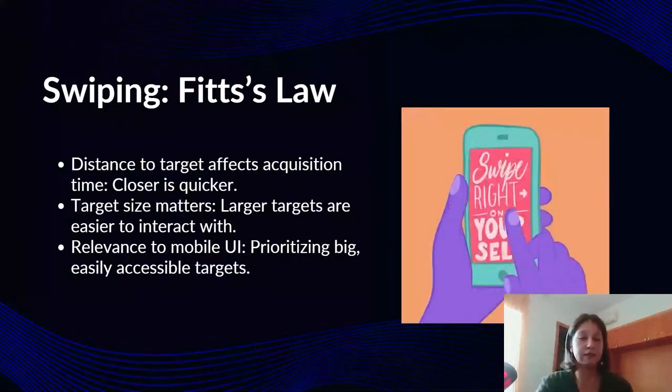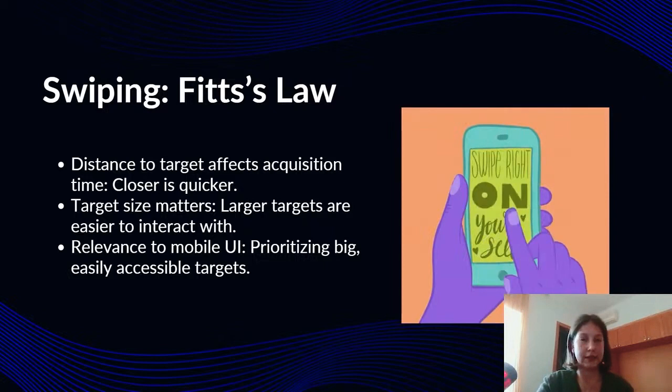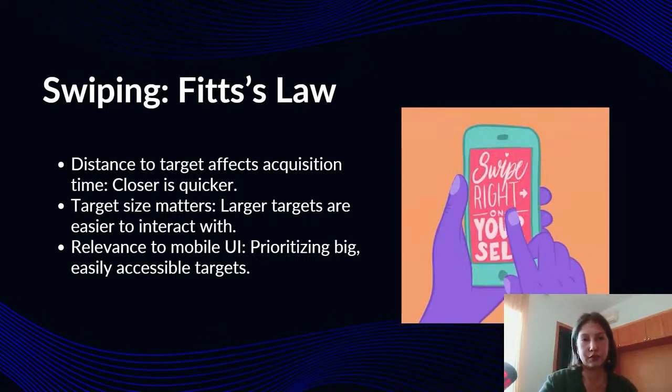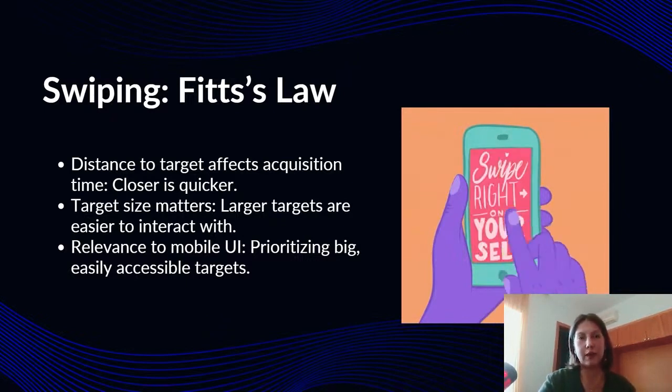If you want to describe it simply, feed flow is about the time it takes for the user to acquire, to touch that target. So basically it means that the bigger the target is and the closer it is to touch for the user, the more likely it is that the user will actually touch it and swipe to the next page, swipe for the comment section, for the description section in the application, and for more details.